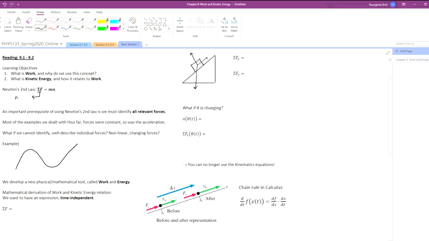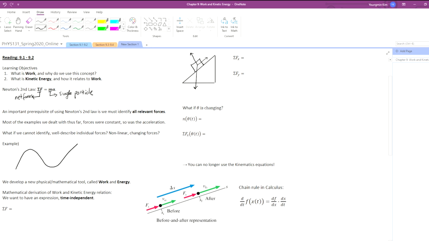This is a net force, meaning the summation of all the relevant forces that are acting on a single particle on the right-hand side. Here, this is a single particle.